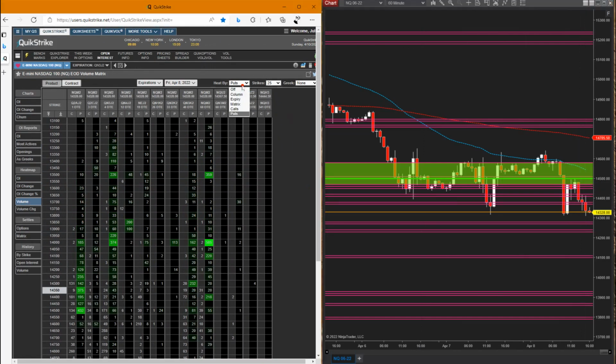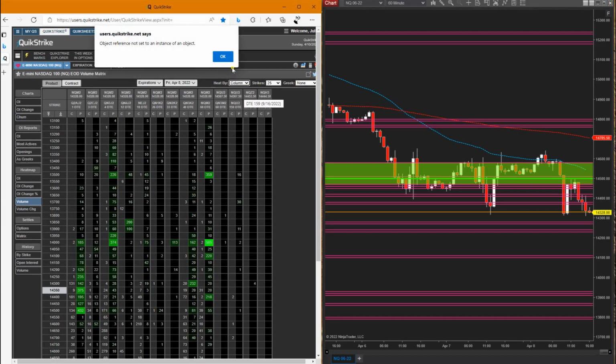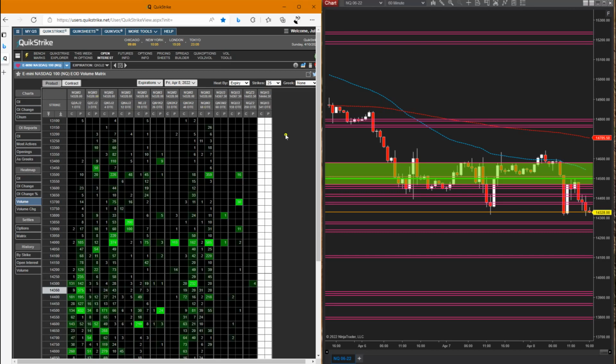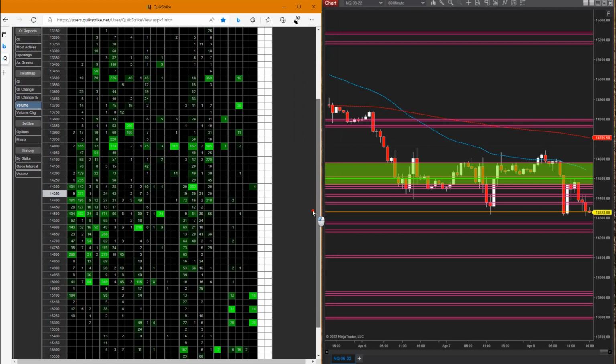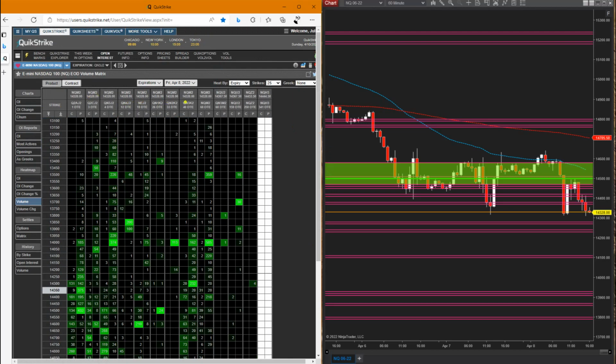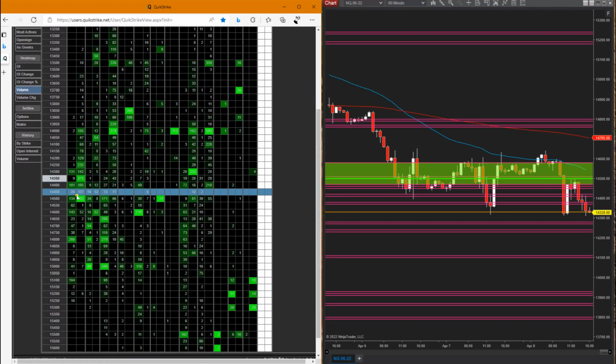If I want to look at everything, I can just put this back on expiry, and that'll give us the puts and calls by the expiration that I can set. So I'm just looking for the front contracts, the most immediate to get hit for any big levels or anything like that.